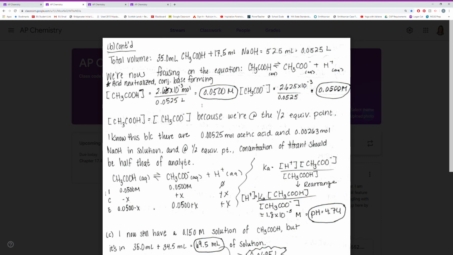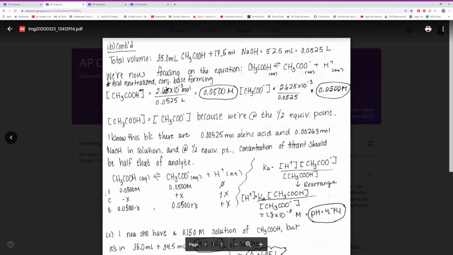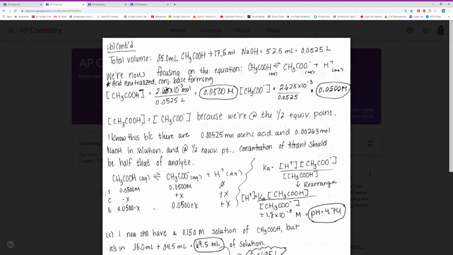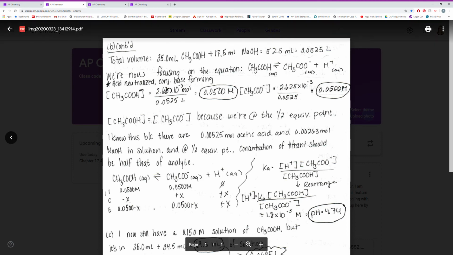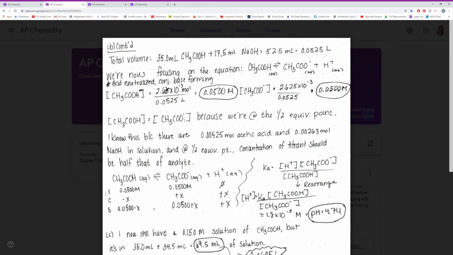So what I want to take a second to talk through is the fact that in this case, I have some acetic acid, but I also have some of the conjugate base that was being formed through the neutralization reaction. And because I'm at the half equivalence point, and this is the important part, the conjugate acid base pair, their concentrations are equal.